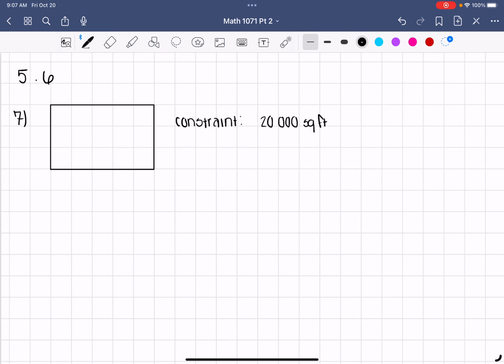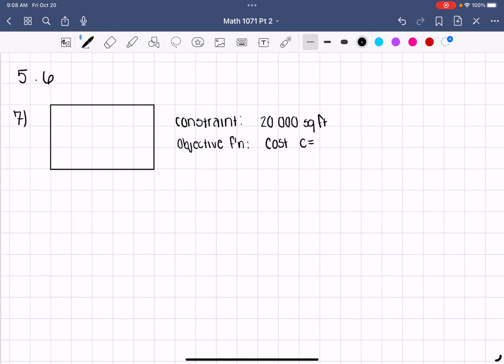And our objective function. What is our object? Our object is to minimize cost. Now, what it says is that 3 sides are cheap, 1 side is expensive.